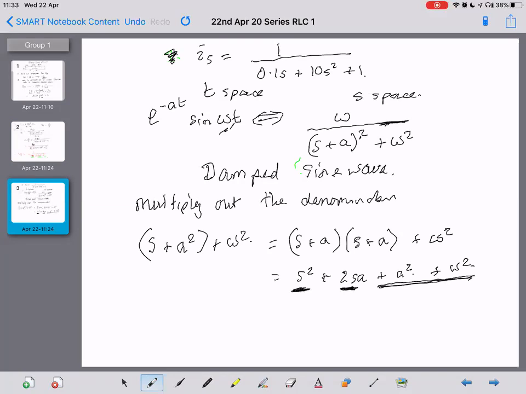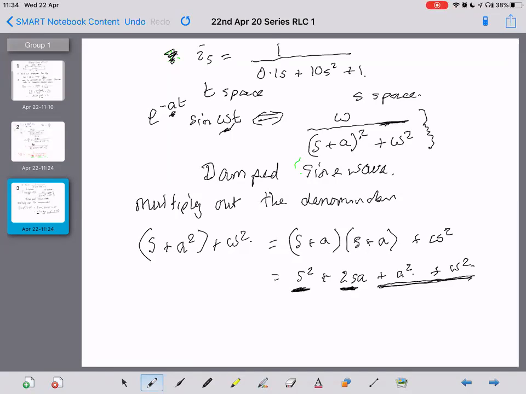Not very clearly. Why do those ones make a constant and not the other ones? Because in this expression here, a and omega are constants. The variables, when we transfer back, a and omega are constants, and s isn't.